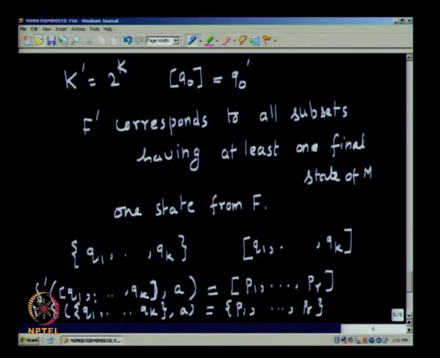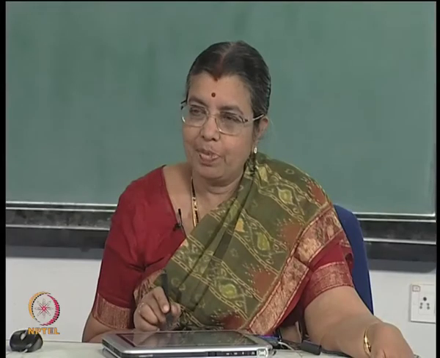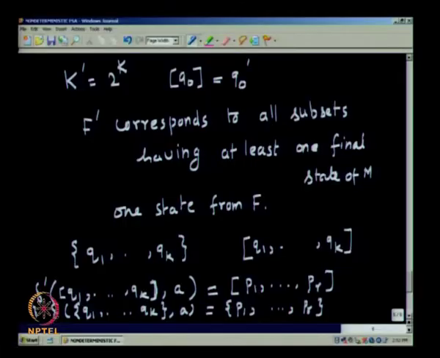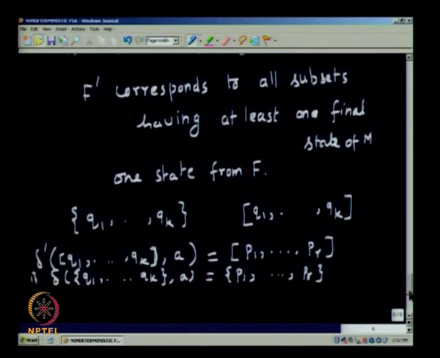From this subset of states in the original machine, if after reading A you go to this subset, in the deterministic automaton you define it as from this state, after reading A you go to this state. So, we have to prove that the language accepted is the same. Before proving that, let us take an example and convert it into the deterministic automaton.